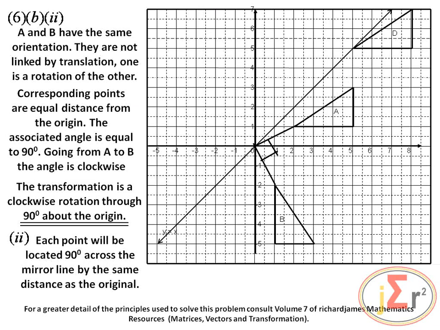Now, if we are going to locate the image of this vertex, we need to go across the mirror line in such a way that the line that goes across from this vertex to its image is perpendicular to the mirror line. And the point is going to be an equal distance across there.